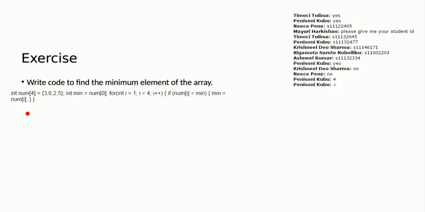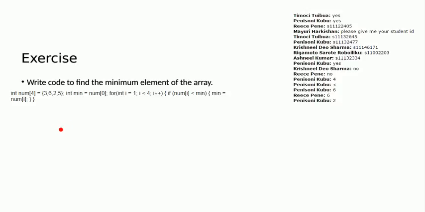And then for int I is equal to 1. 1 is less than 4, true. So we go to this if. num 1. What is at num 1? Because our I is 1, right? So what is at num 1? 6, correct.